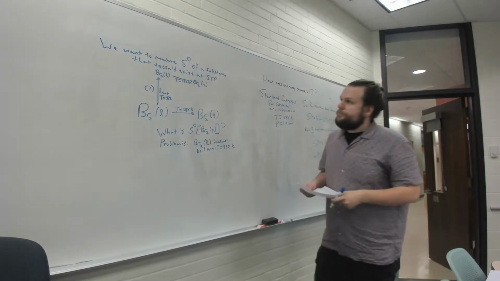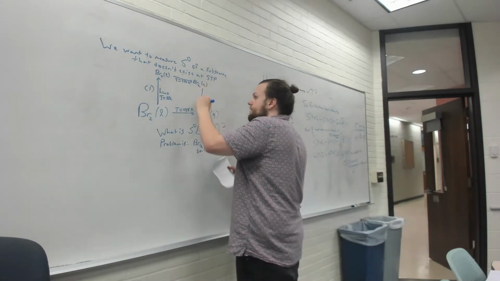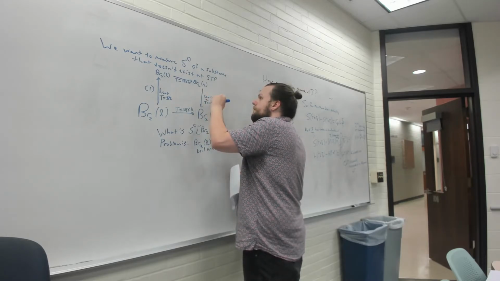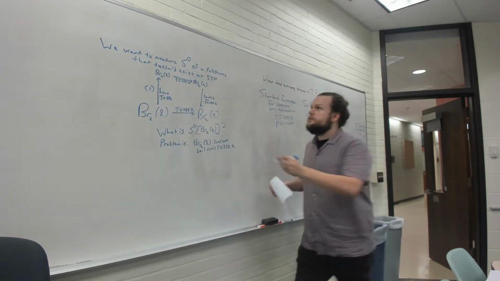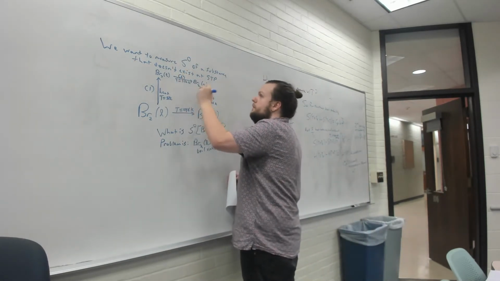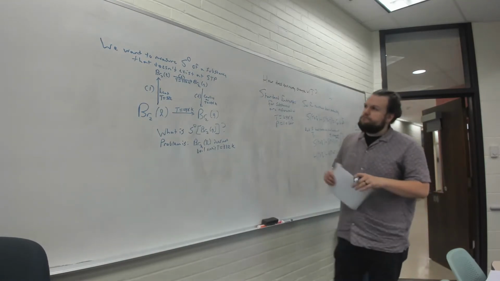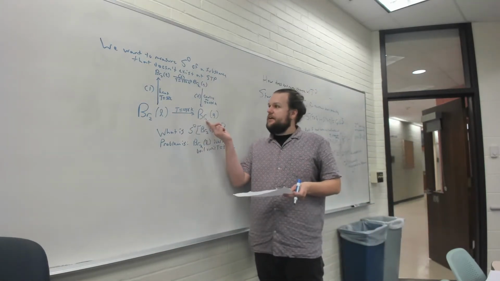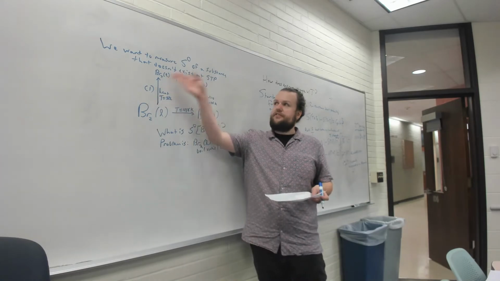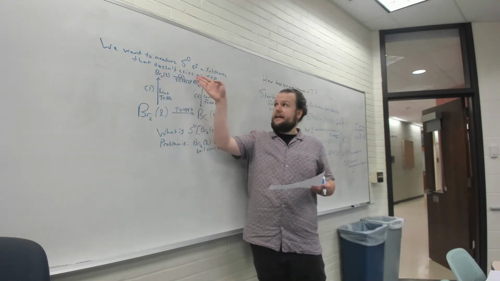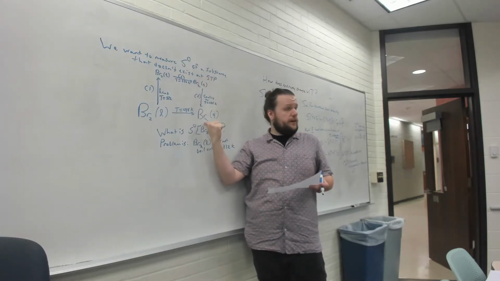And then bring it back down by cooling it to T equals 298 Kelvin. We'll call this step 2 and this step 3. So the entropy change is just going to be the sum of the entropy changes of the 3 steps. We start here, add the entropy change here, add it here, and we get to the final one.